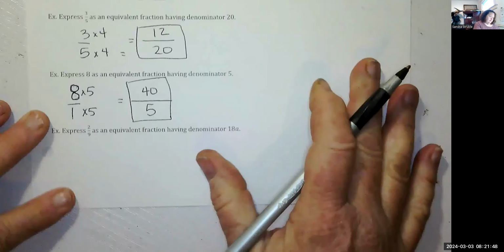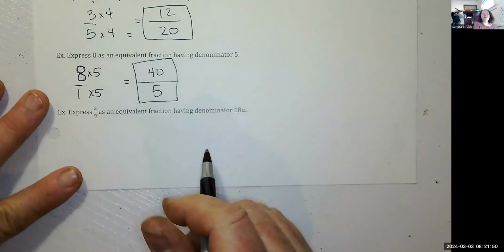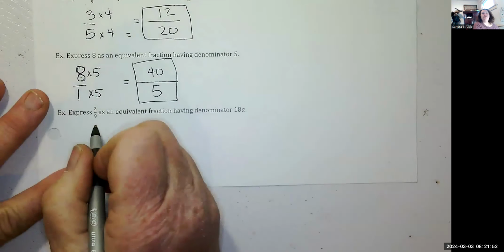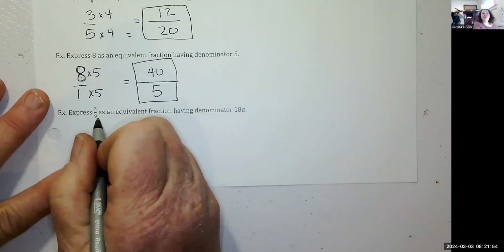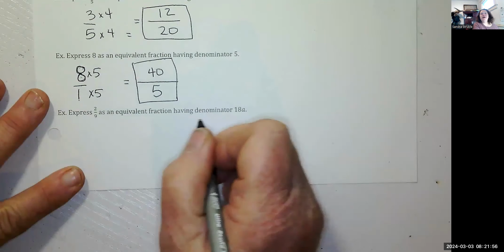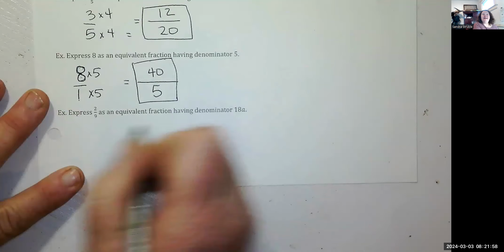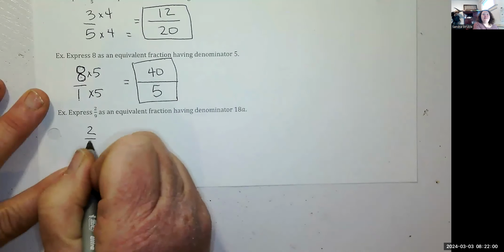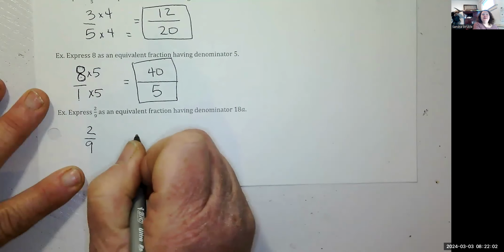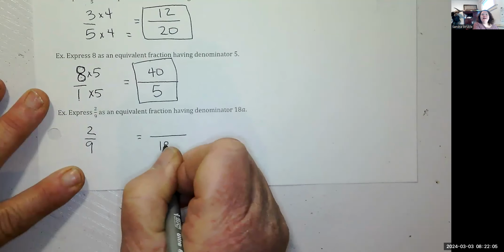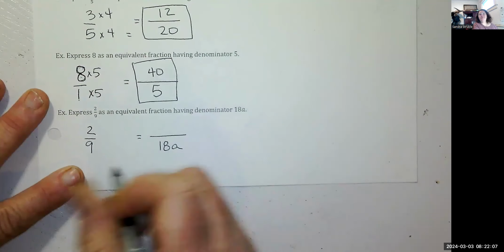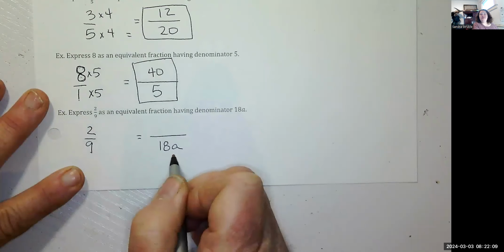All right. Now, even this one's more fun. Oh my gosh, I love this stuff. This is so fun. So we're going to express 2/9 as an equivalent fraction having a denominator of 18a. Too much fun. We want it to be 18a. Okay. How does 9 become 18a?